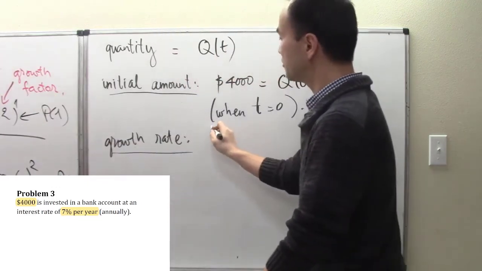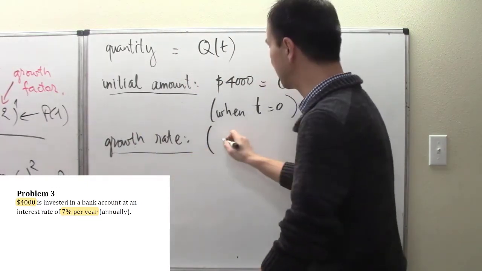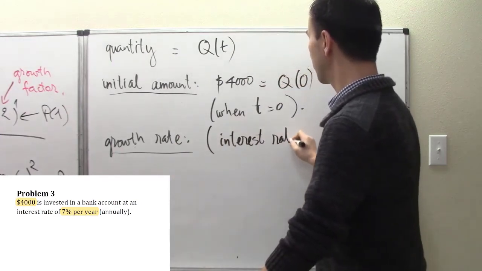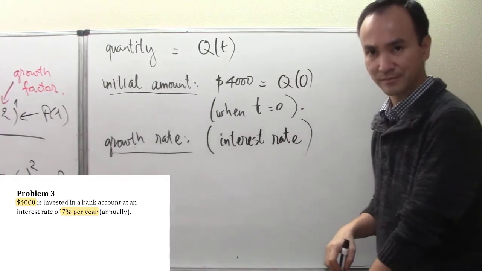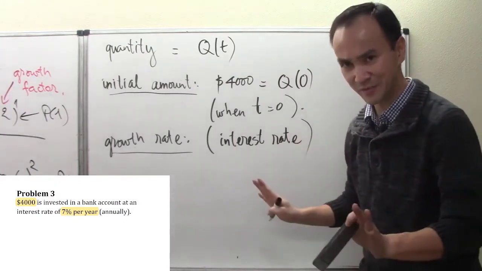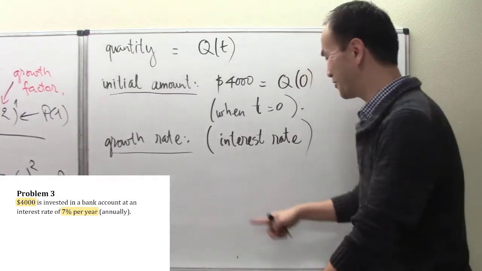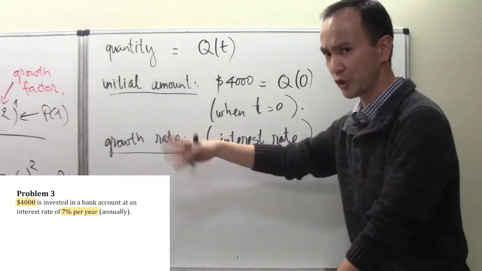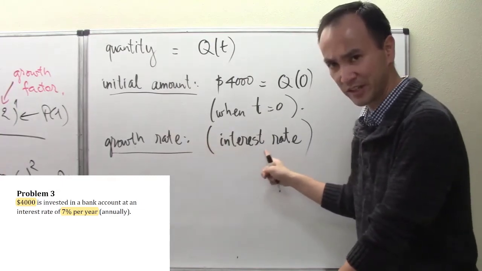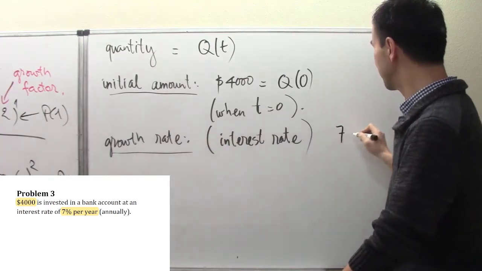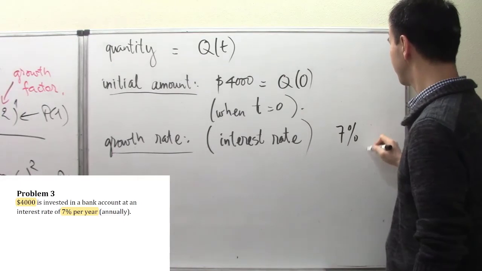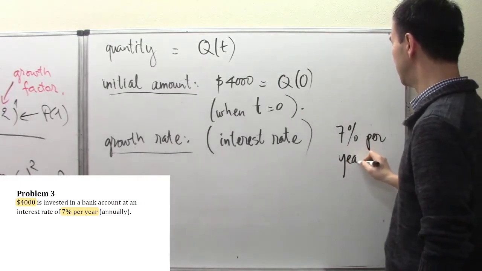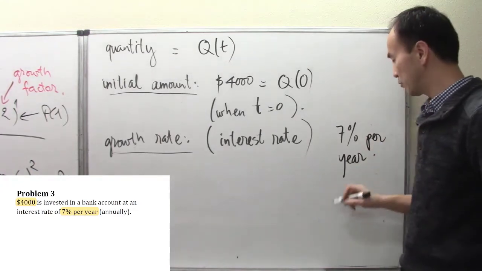The growth rate in this particular problem is the interest rate. Financial language is sometimes different. So our money will grow at a rate of 7% per year.